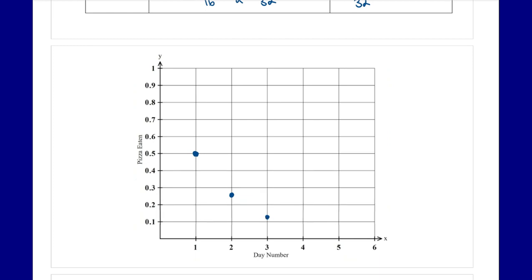Day 4, we have 1/16 or 0.0625. And day 5, we have 1/32 or 0.03. So that is the amount of pizza remaining.